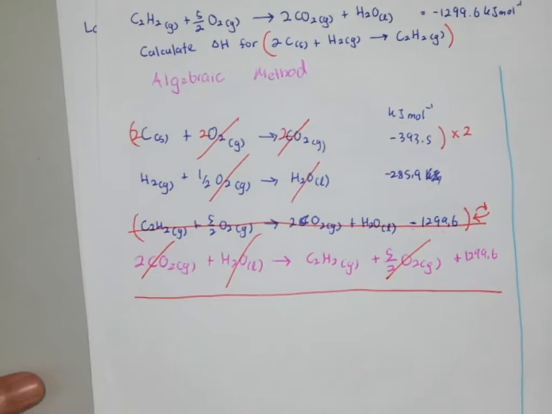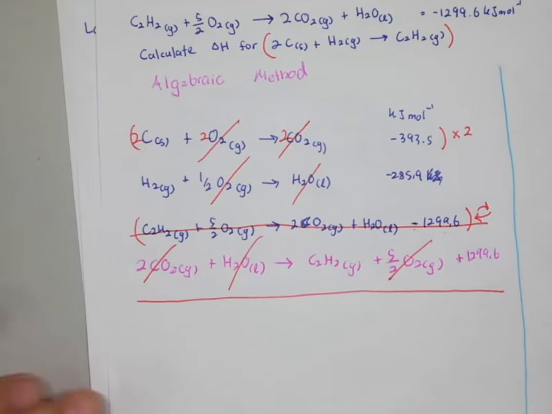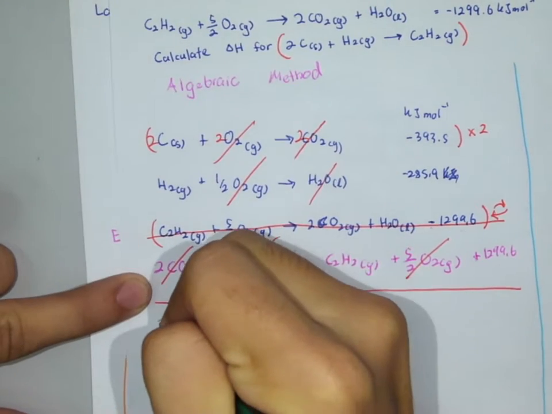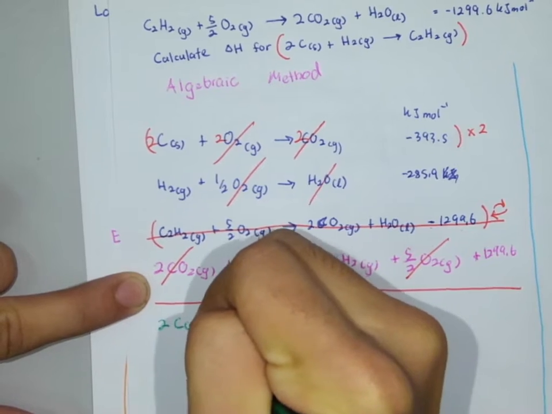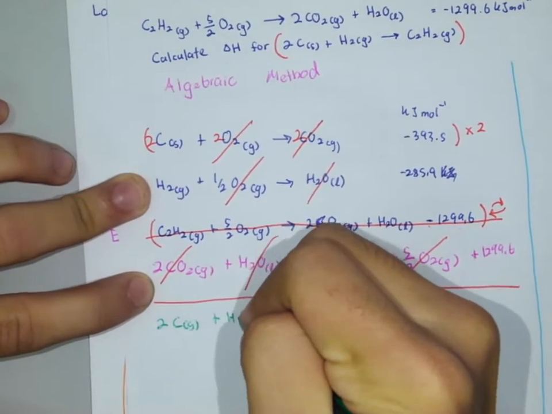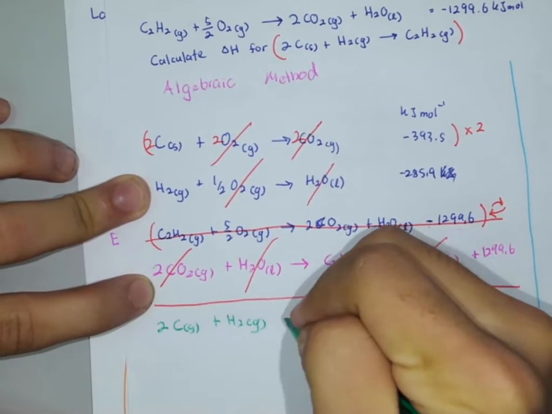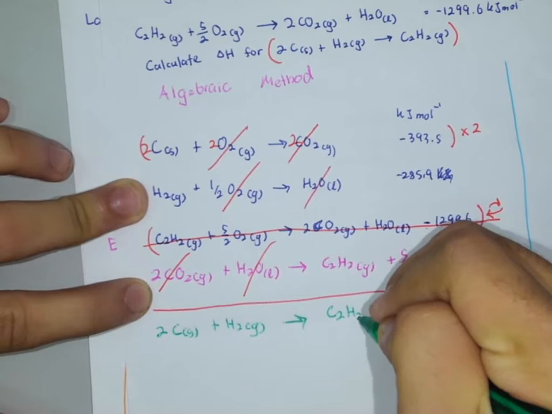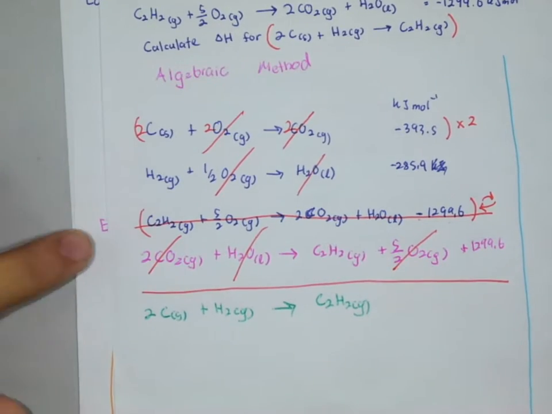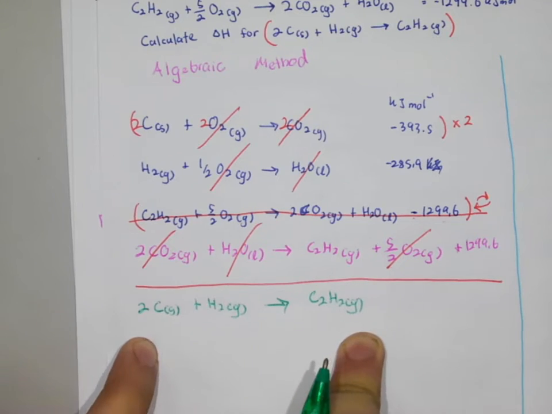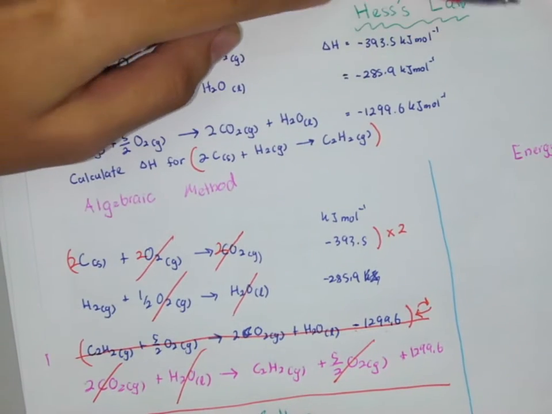So what is left is your answer. What you don't cancel out, you bring down again: 2C plus H2 gas gives C2H2 gas. Now your job is to check whether what remains is exactly the same as what was asked.